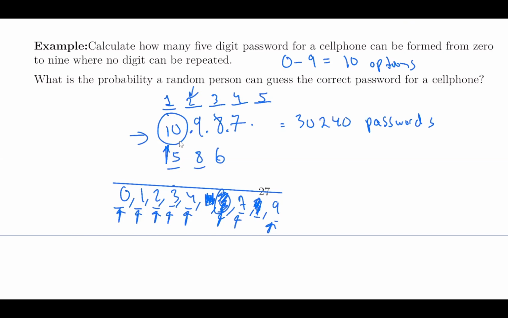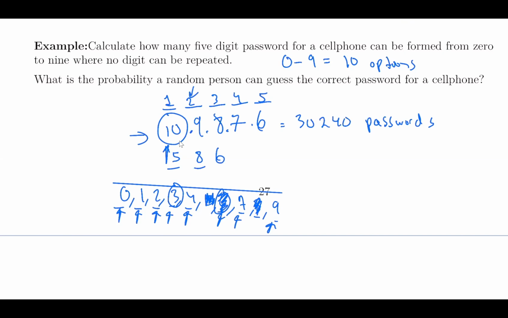So say I choose 3, now I only have 6 options. So that's how I get the 10 times 9 times 8 times 7 times 6, because essentially every time I'm picking the next number, since I can't repeat the number, I'm losing one of the options. All right, and that's it for that part of the question. So technically, there's 30,240 passwords that you could use for your cell phone if it has 5 digits.